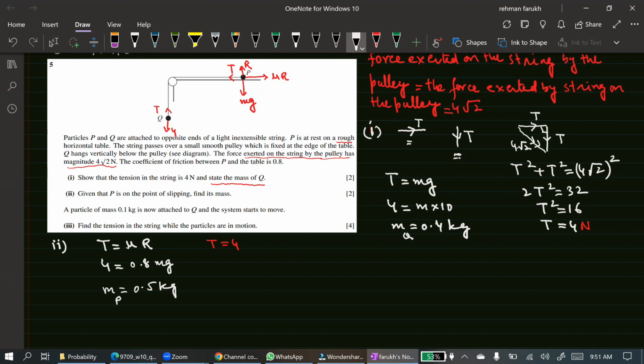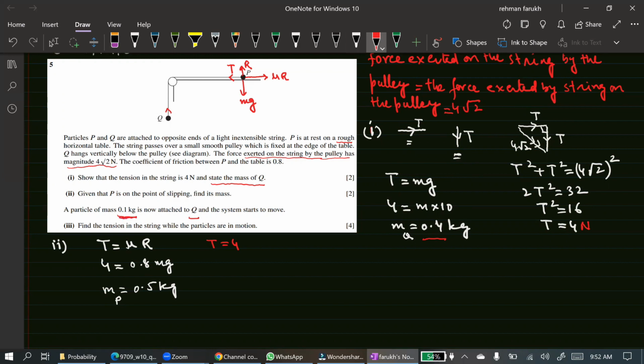Now, part number 3. Find the tension in the string while the particles are in motion. A particle of mass 0.1 kg is now attached to particle Q. The mass of particle Q is 0.4 kg, and 0.1 kg is attached to it.